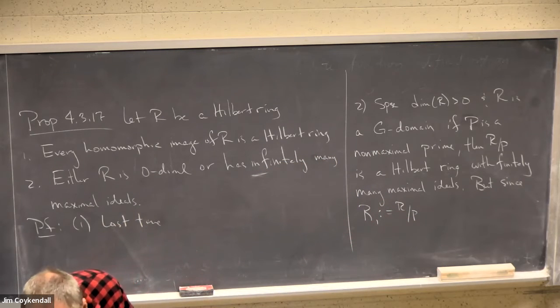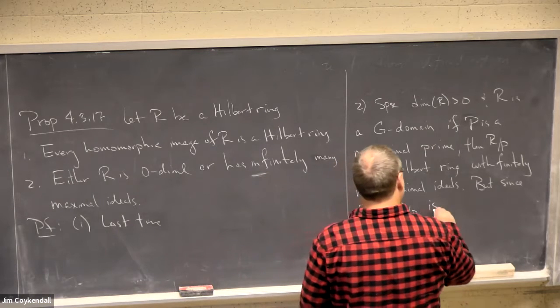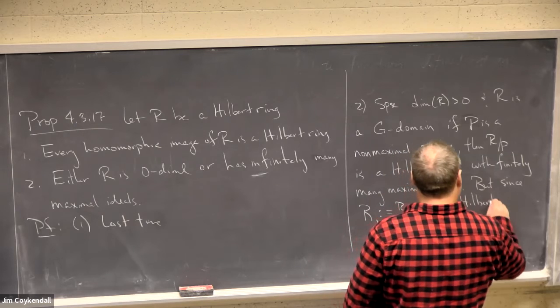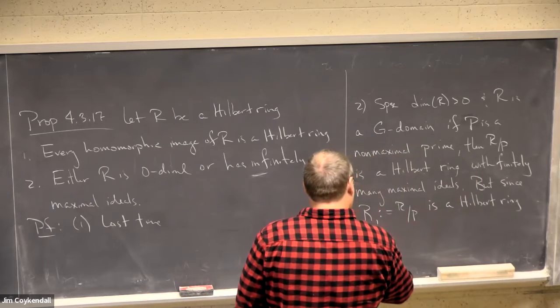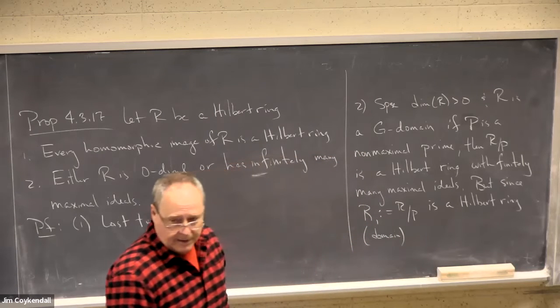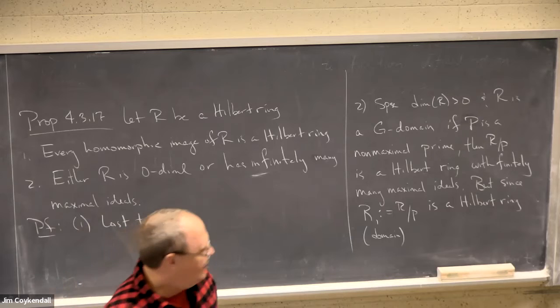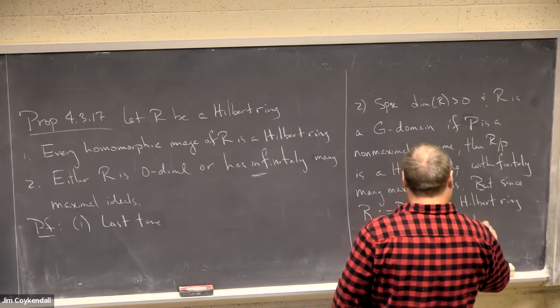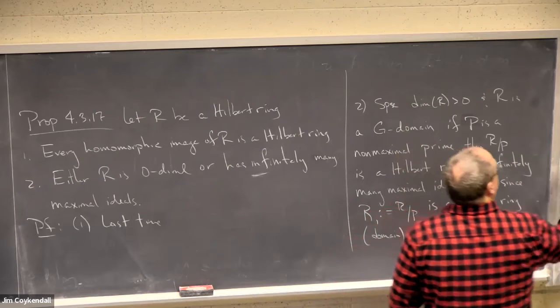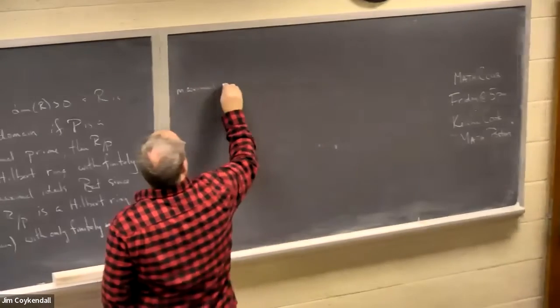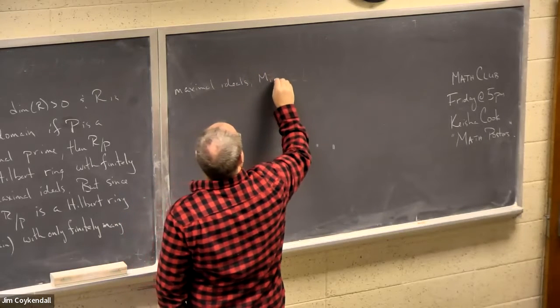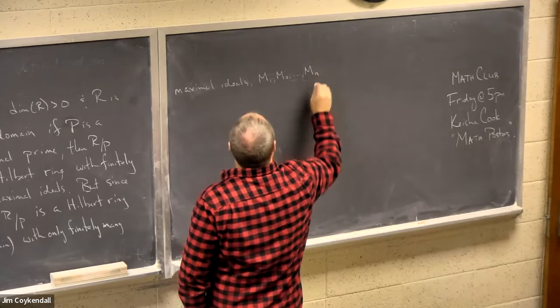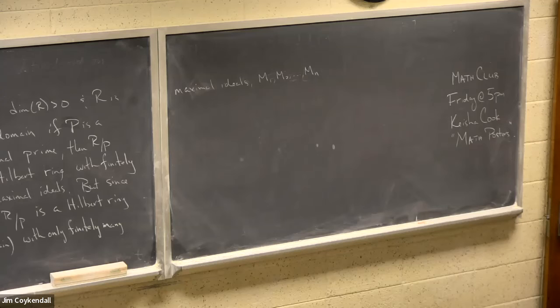Since R1, which is what I'm using for R mod P, is a Hilbert ring, and in fact a domain, right, because P is a prime ideal, with only finitely many maximal ideals, say M1, M2, through Mn, the only G ideals are these maximal ideals.